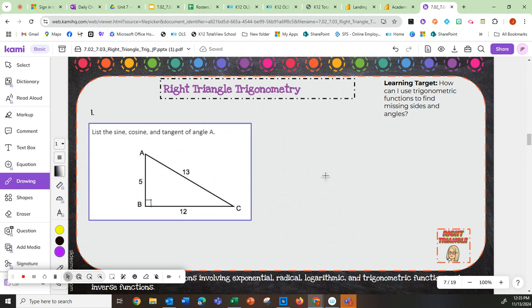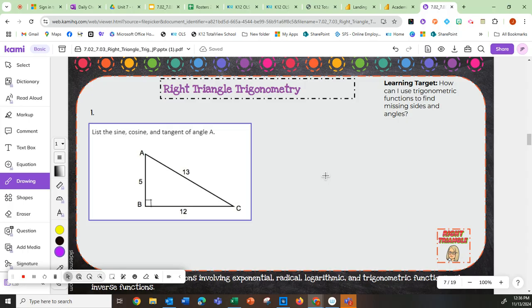This is a skill, even though you might not have a quiz in 702 and 703. These are major skills, almost as important as factoring. Knowing this right triangle trig comes up over and over again. That's why I wanted to do a lesson on 702 and 703. I'm sorry we didn't get to do it in a live class setting, but hopefully this video will give you some information that you need.